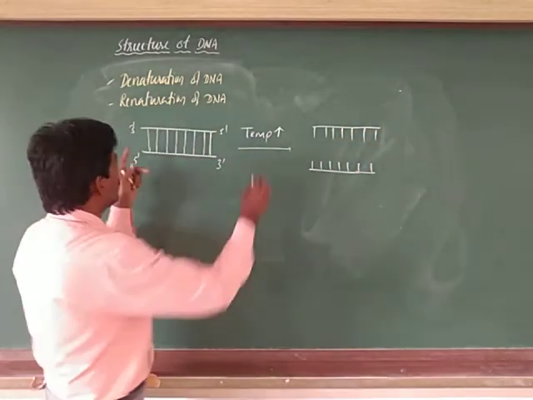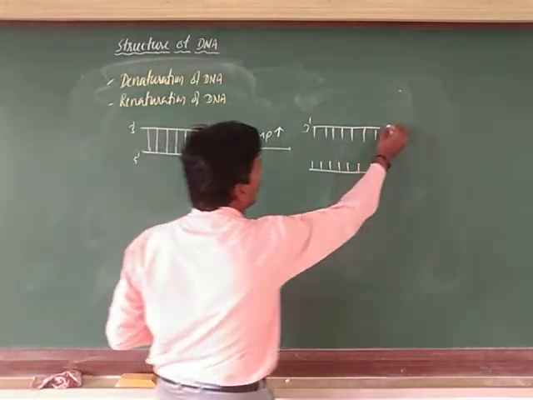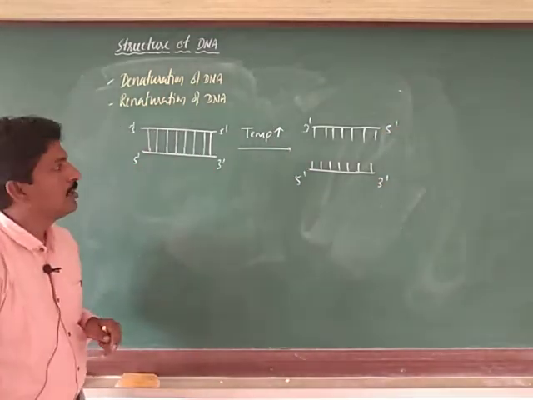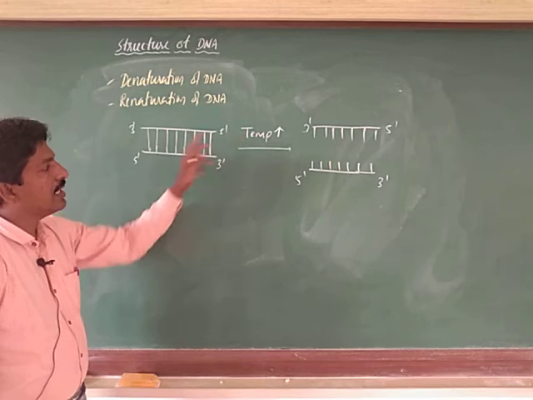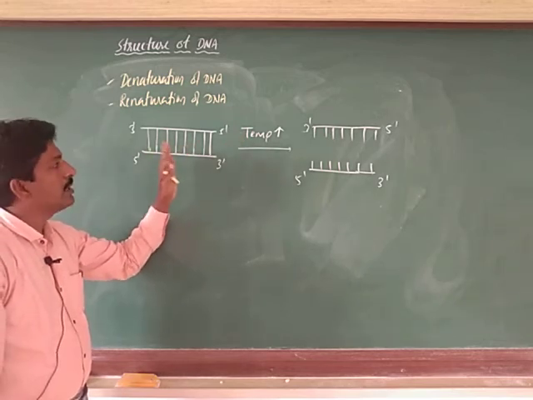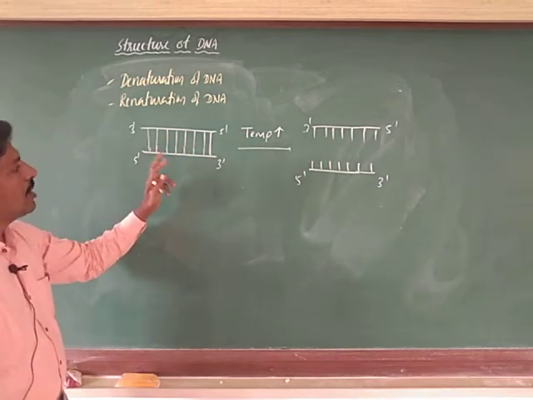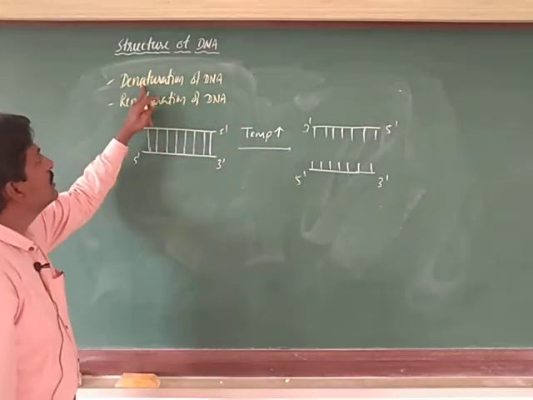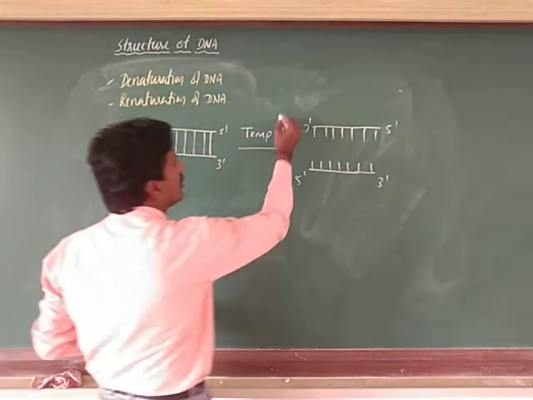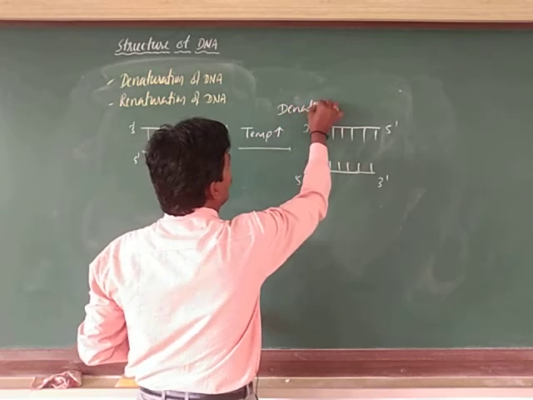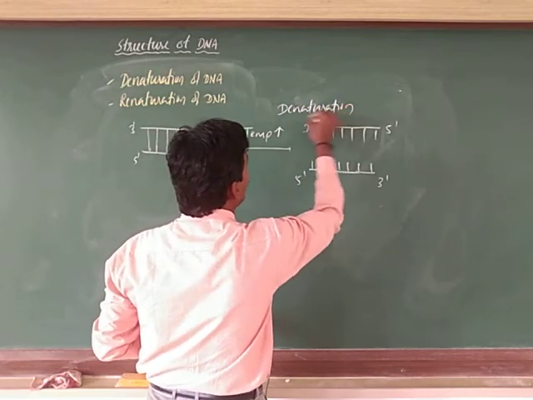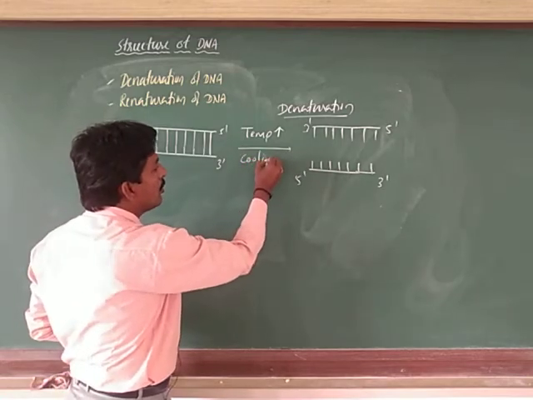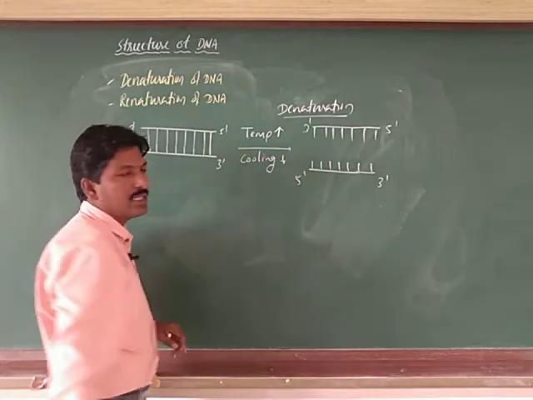Understood? So this is the 3rd prime and this is 5th prime, and they get separated. So when we heat this, when the temperature is increased, the two strands get separated. So this is called denaturation of DNA. And when we cool it, cooling means temperature is decreased.